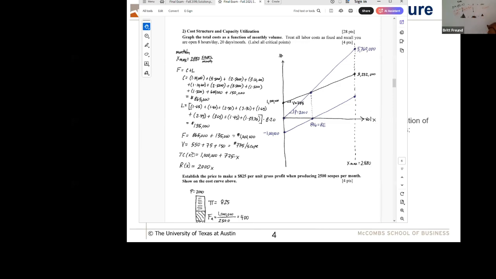The size of this pile is 1 million, which means the size of this pile is this. And that's true at x equals 2,500. But remember, x max equals 2,880. All right? So we have 380 unused capability that we're not able to sell at this contribution margin.